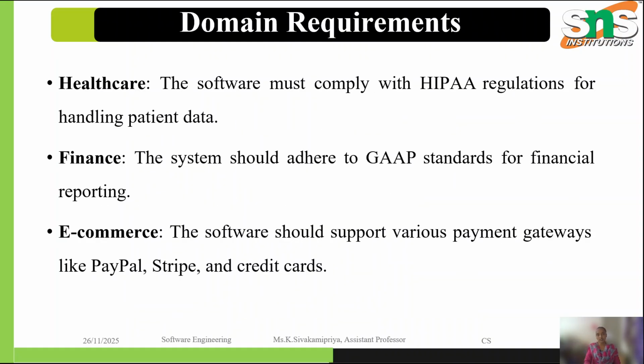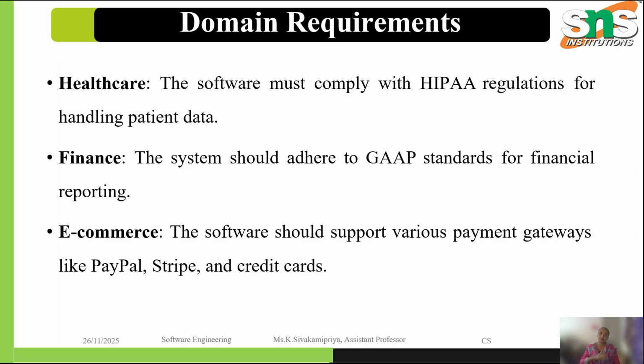The third one is domain requirements. Domain means a particular field, for example healthcare, finance, education. That is called domain requirements. For example, in healthcare, the software must comply with the regulations for handling the patient's data, including blood group, address, and medical history.